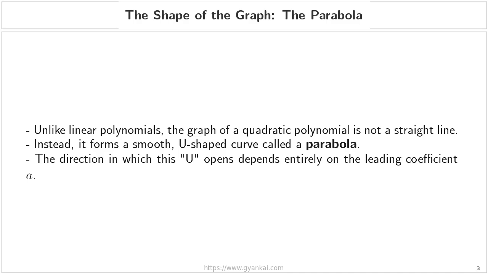Now, a very important thing to keep in mind is that this U shape doesn't always face the same way. The direction in which this parabola opens, whether it points up or down, depends entirely on the leading coefficient, which is the value of a. We are going to look at the two specific cases for this in the next two slides.